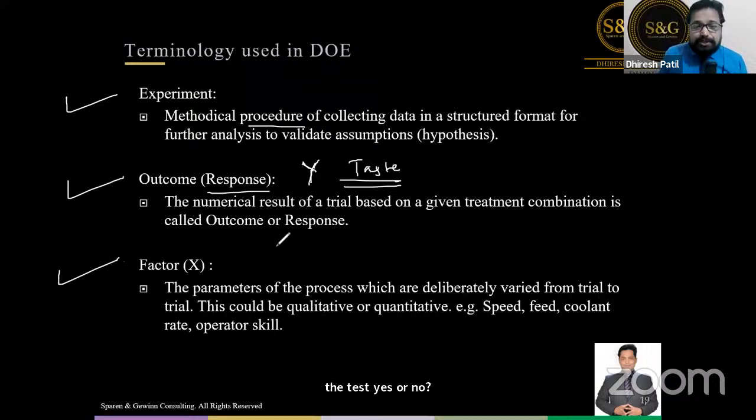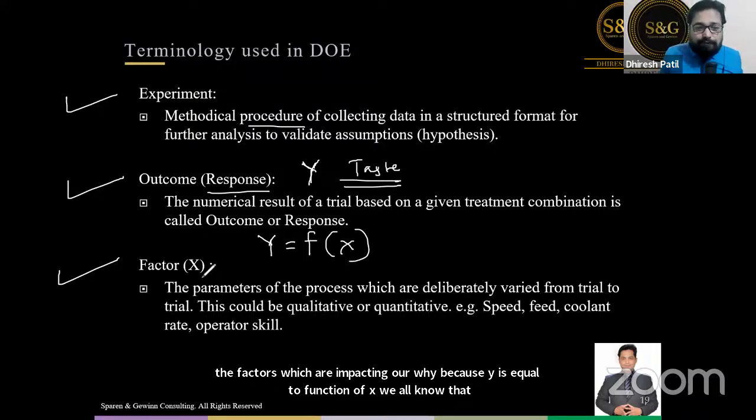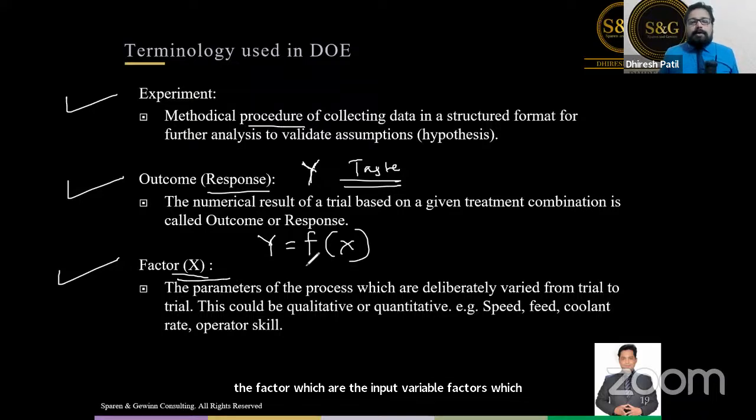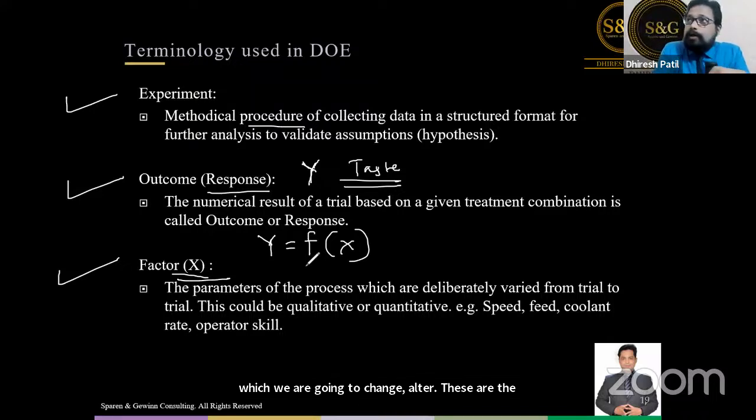And the factors which are impacting our y, because y is a function of x, we all know that, are the input variables, which are called factors. The parameters in the process which we are going to change or alter are the factors. Clear? So experiment, outcome, and factors are clear. Just type yes in the chat box.